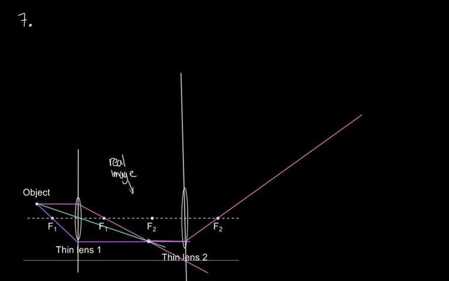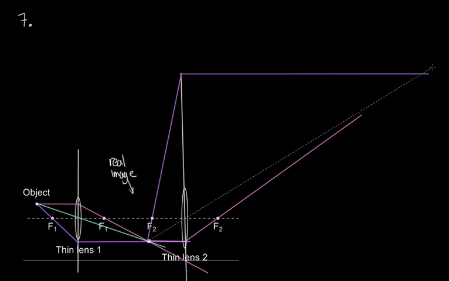The second principal ray goes up through this focal point until it hits the lens, which is way up here, and then it travels parallel to the principal axis, so like that. And then the third principal ray travels right through the middle of the lens.